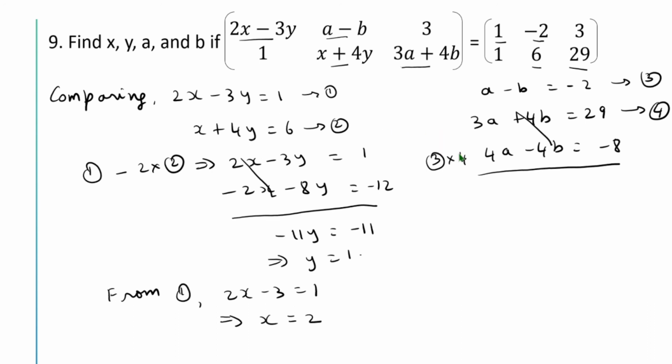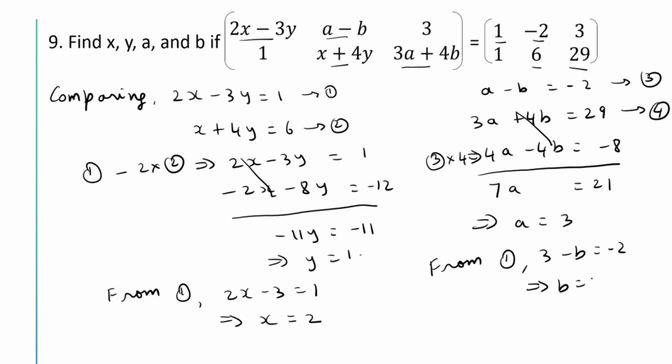So here when we add these two, we get 7a is equal to 21, or a is equal to 21 by 7, 3. So let us substitute in 3. When we substitute a as 3, we get 3 minus b is equal to minus 2, or b is equal to 5.